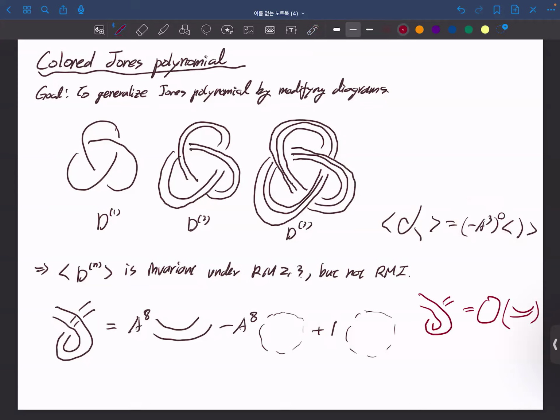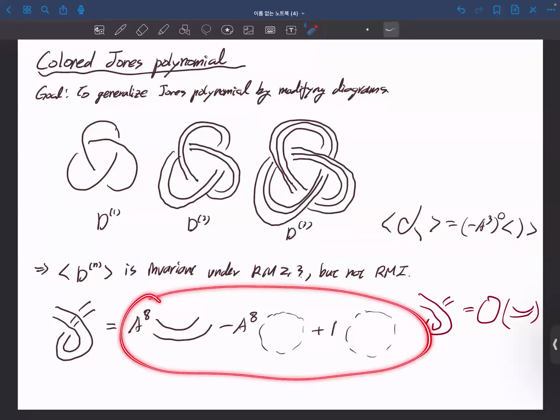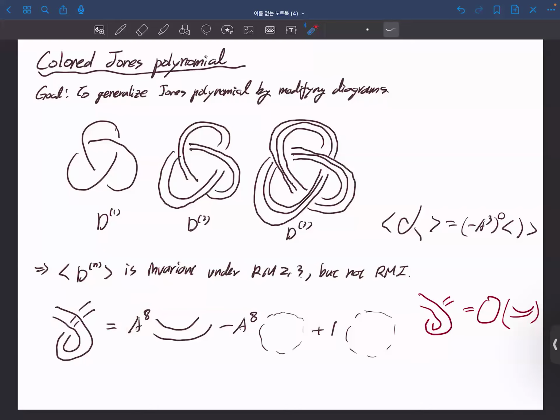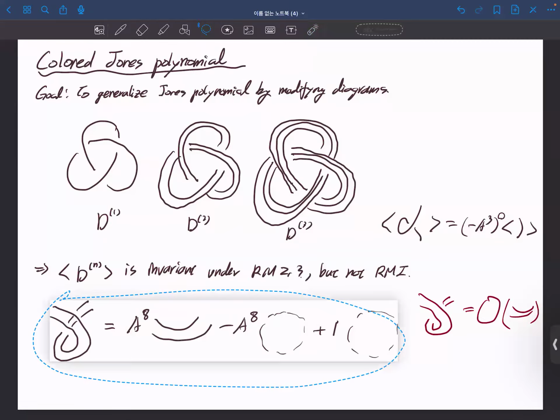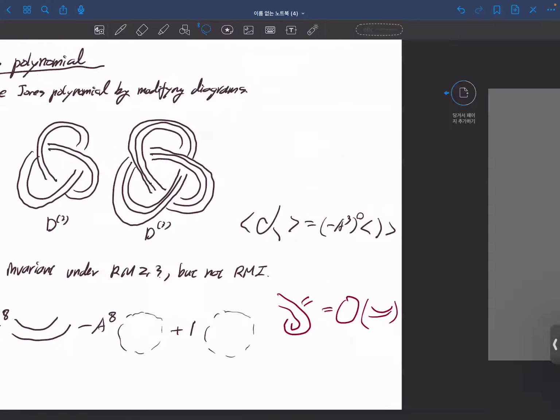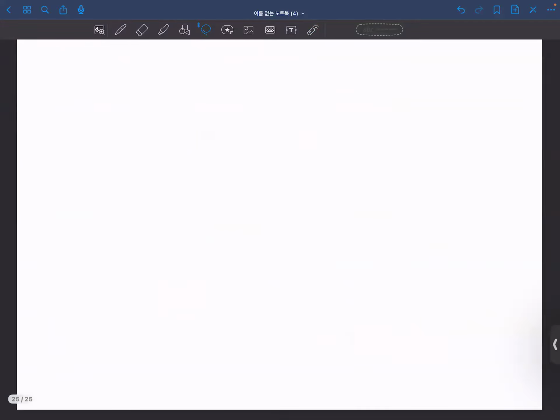But as you can see, it is not good. But if you modify this equality, then we can make it look better.